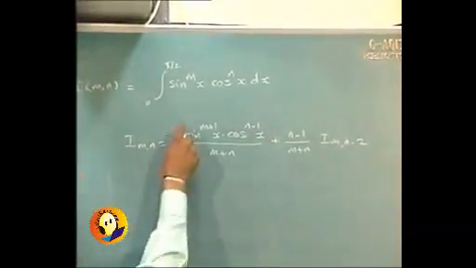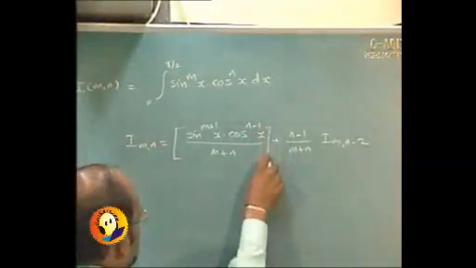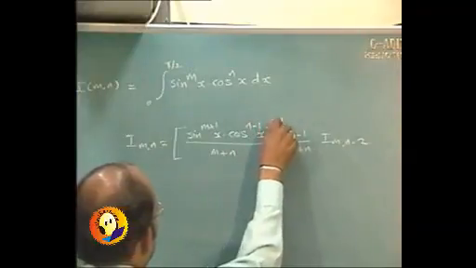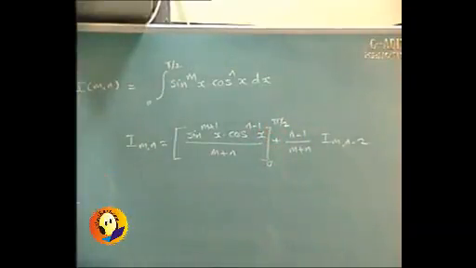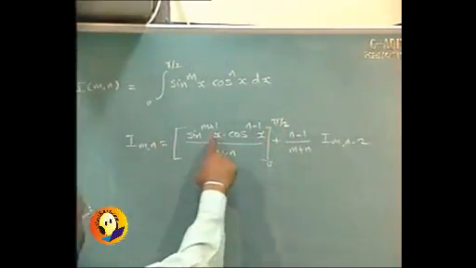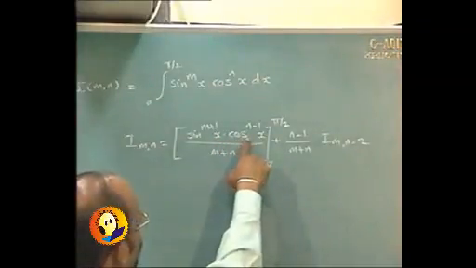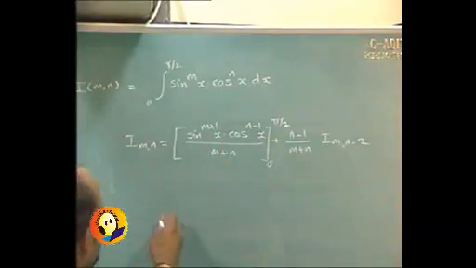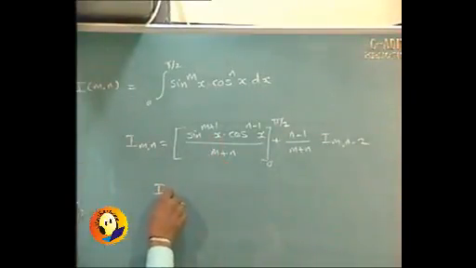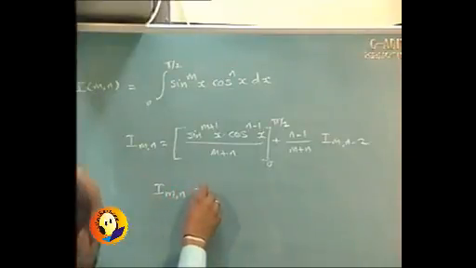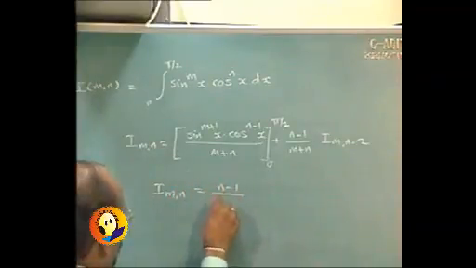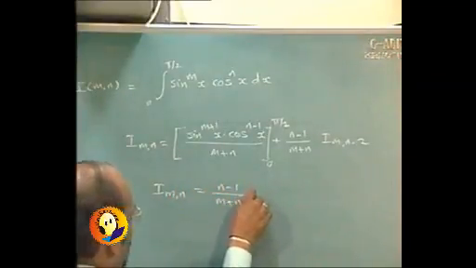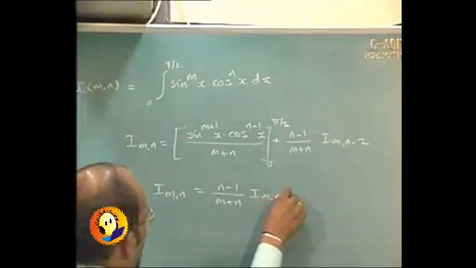But when we substitute the limits for the first term, you will find that sin pi by 2 is 1, but cos pi by 2 is 0. So at upper limit the value of the first term is 0, and at lower limit sin 0 is 0. So the first term will vanish, and we get the formula as I m comma n is n minus 1 upon m plus n I m comma n minus 2.